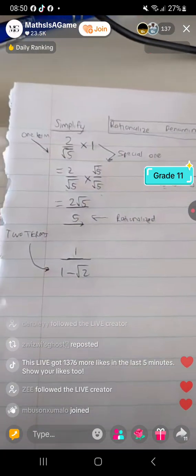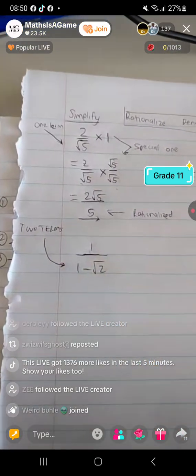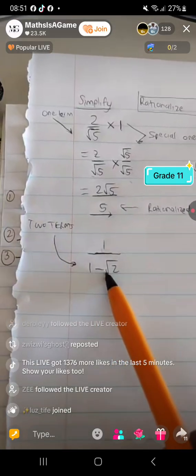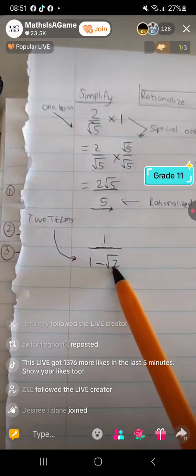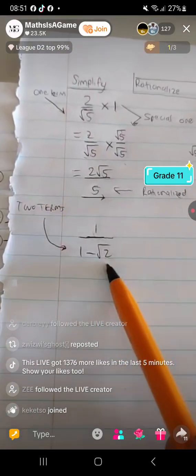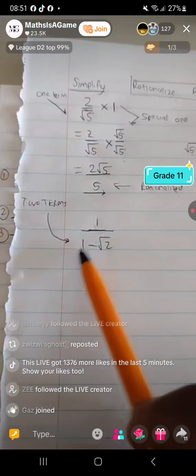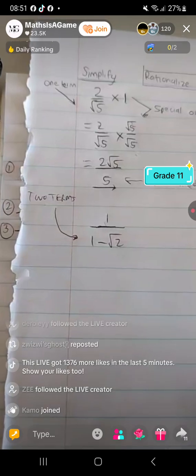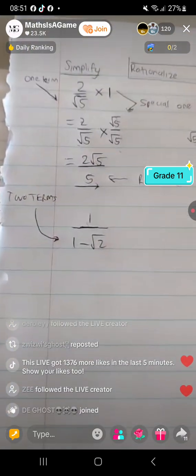The first thing you need to understand is that in the denominator, we have a problem. Why? Because this is 1 minus root 2. This root 2 is an irrational number. 1 minus an irrational number still means that the denominator is irrational.